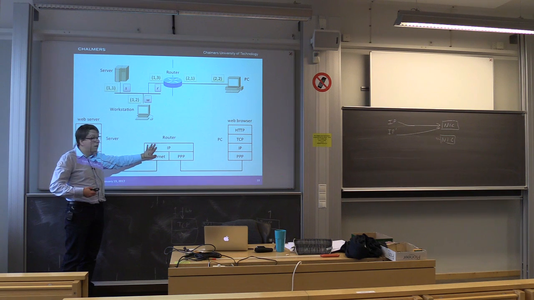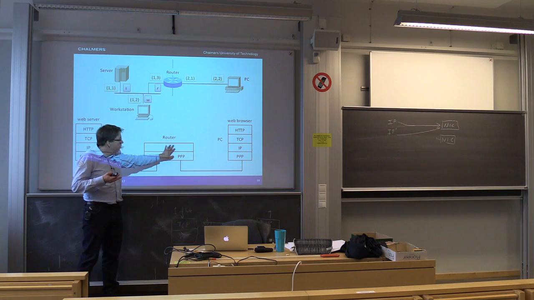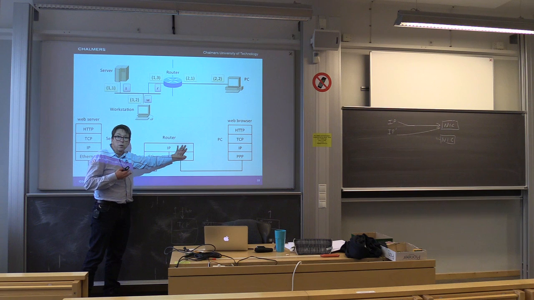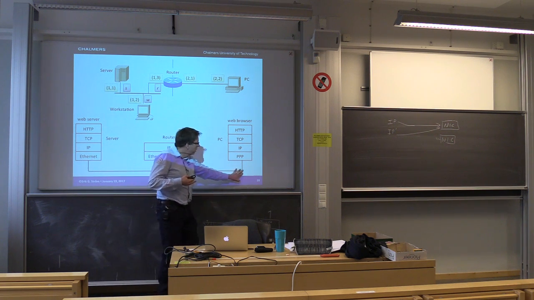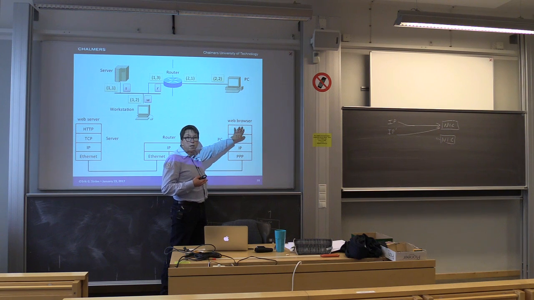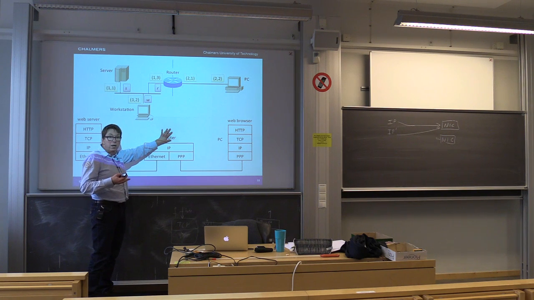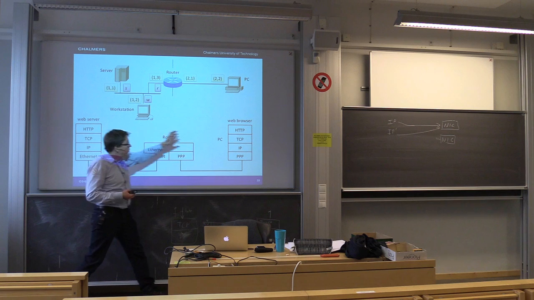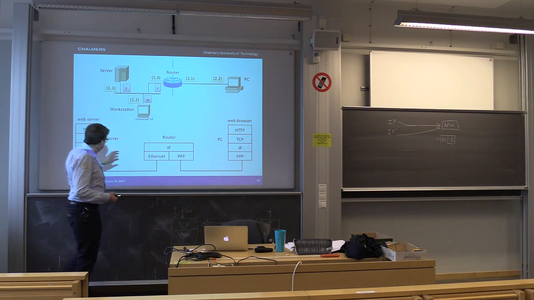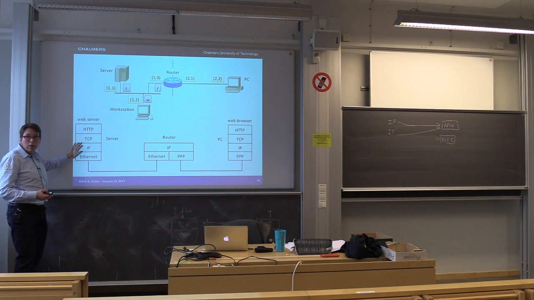It picks it up, and then it comes to the IP layer. The IP layer realizes, okay, it's not for me, but it's for something on this end. Then it gets encapsulated and transmitted over here, the headers are stripped off, and it reaches here. So there is no need for a transport layer here, because the transport layer is an end-to-end protocol, while IP is sort of a link-to-link protocol.